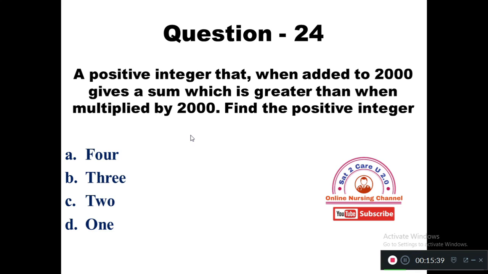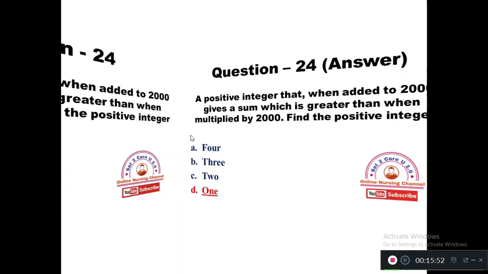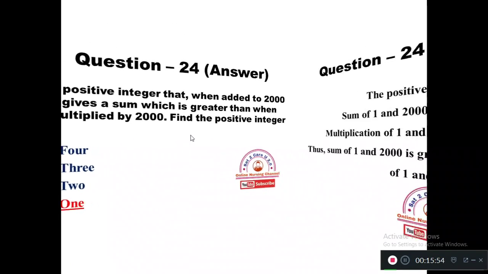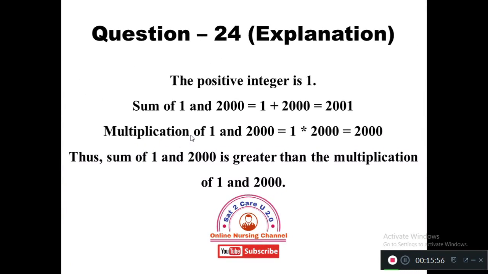But in this case, when we add this number, we get a higher number than when multiplying that same number with 2000. So very simple, the answer is 1. Here is the explanation. If you add 2000 with 1, we get 2001.